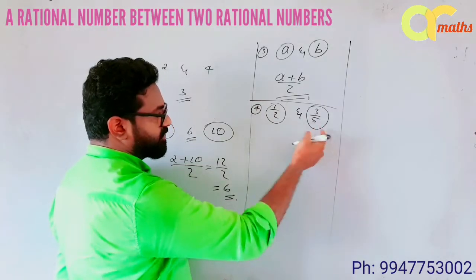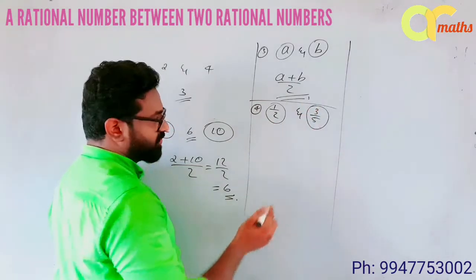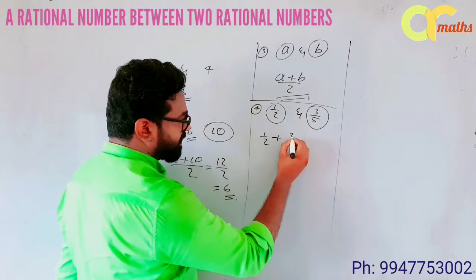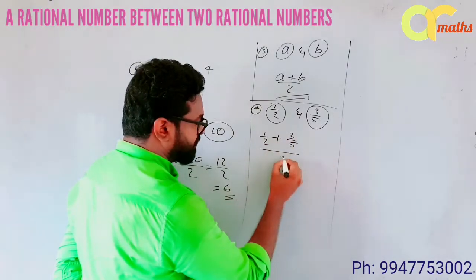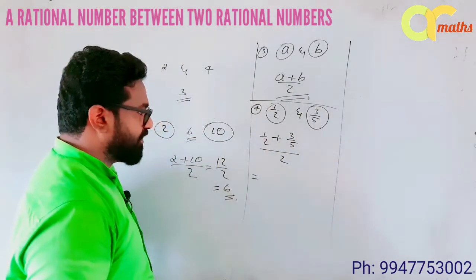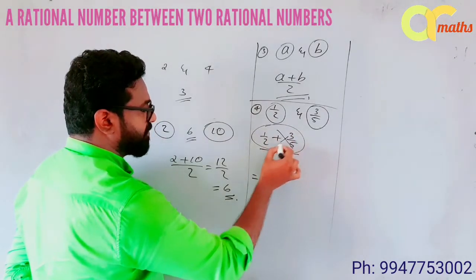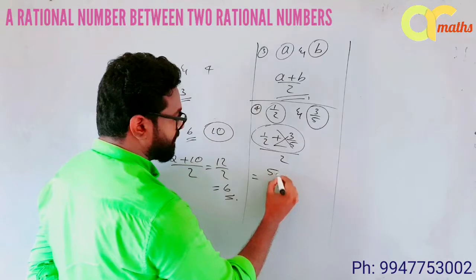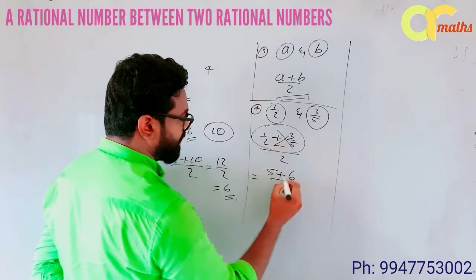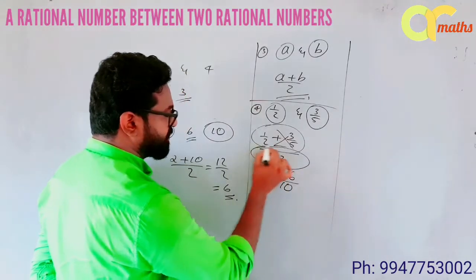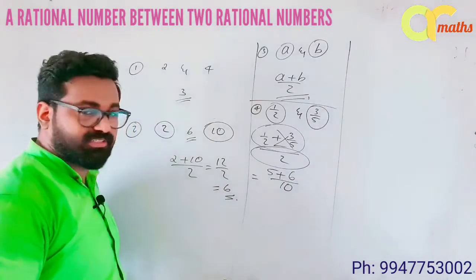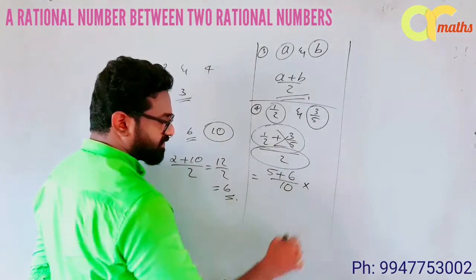Just add these two rational numbers and divide by 2. So 1 by 2 plus 3 by 5, divided by 2. How to find 1 by 2 plus 3 by 5? Just cross multiply. 1 into 5, 5, plus 2 into 3, 6, divided by 2 into 5, 10, divided by 2.